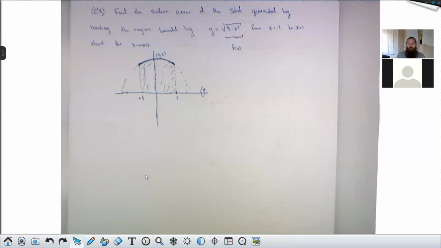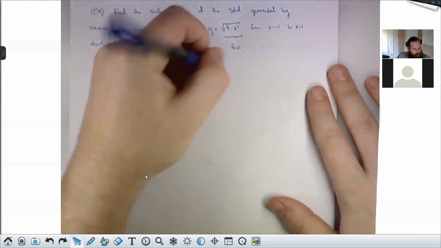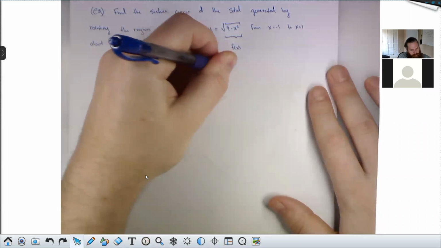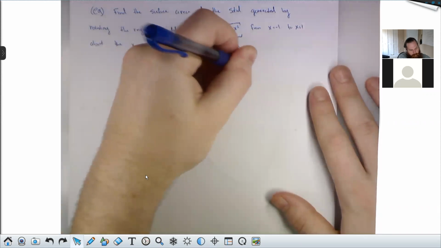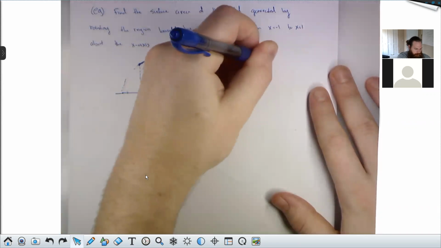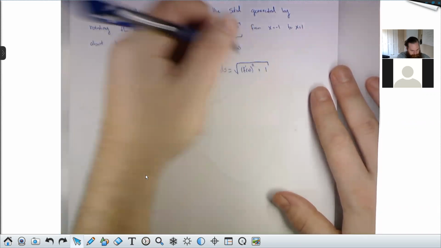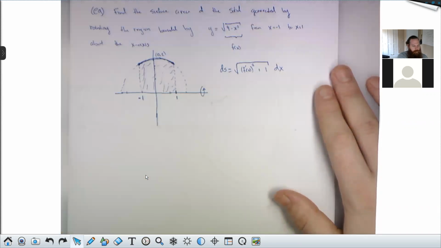In order to calculate the surface area, first I need to calculate the little ds, the little arc length differential. So ds is the square root of f primed of x squared plus 1 times dx. So I'll need f primed.